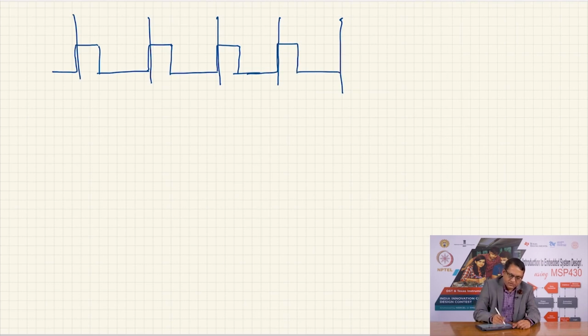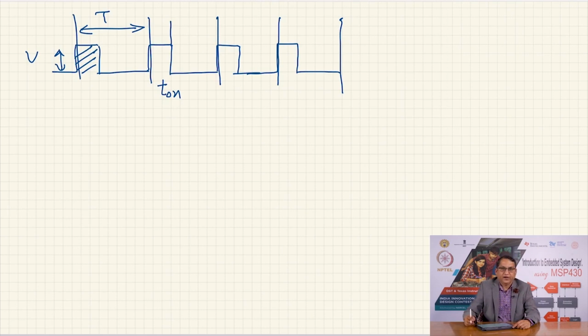This voltage is, let us say, V, and this is the area under the curve, this is the time period. The on time is constant in these four waveforms. Let us say this on time is T on and the total time period is T.